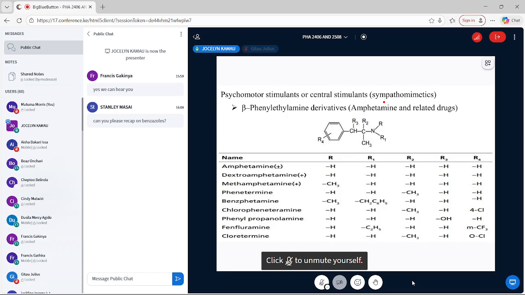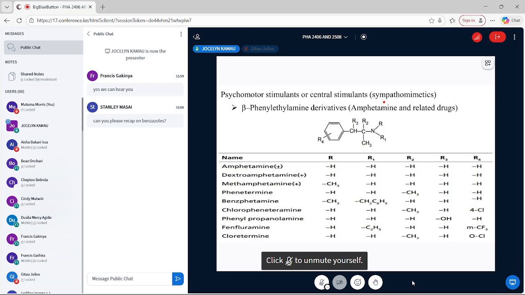Then you have morpholinones, again not very new to us. The morpholine ring is a 6-membered ring with nitrogen and oxygen. Let this not confuse you. This is a phenyl ring, C6H5.